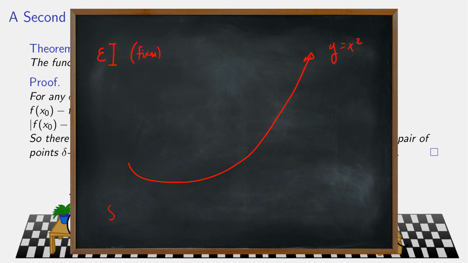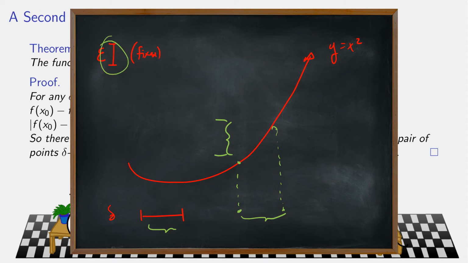Now if delta is chosen to be, I don't know, this big down in the domain, can I find two points within this distance in the domain whose corresponding values in the range are further apart than the epsilon that was given? Sure, I can pick maybe this point here and this point here. That appears to be smaller than this distance down in the domain, but the distance up in the range looks to be bigger than this one I picked right here.